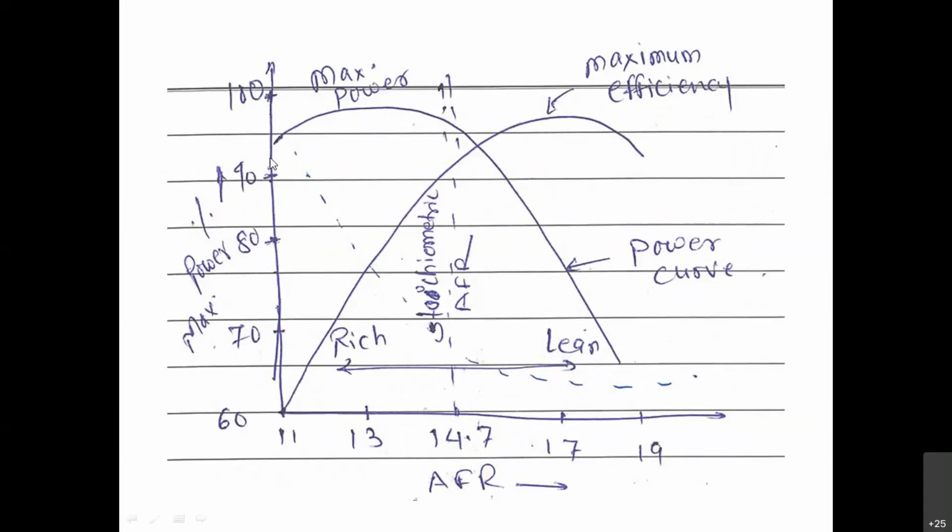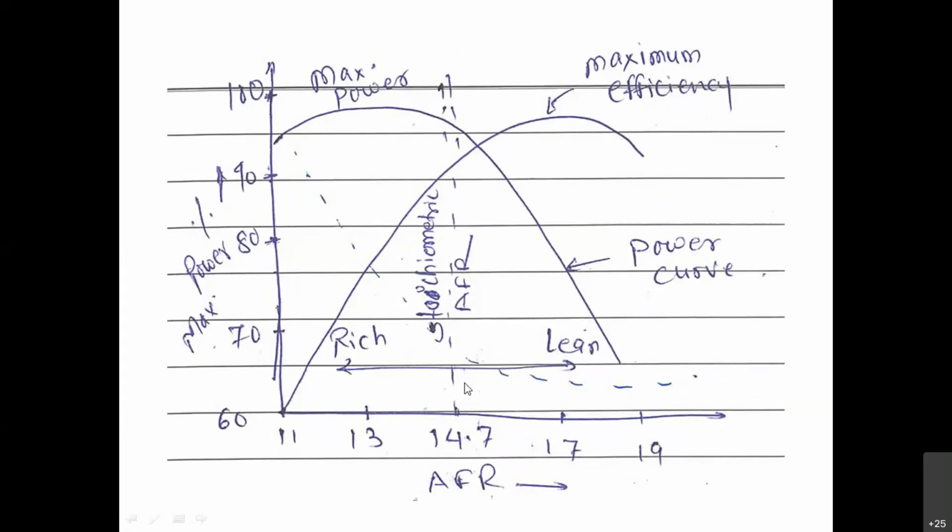This graph shows the percentage power as the air fuel ratio changes, and this one is the fuel efficiency graph. Here you can check this is the stoichiometric air fuel ratio, 14.7. These two points should meet on this particular line.